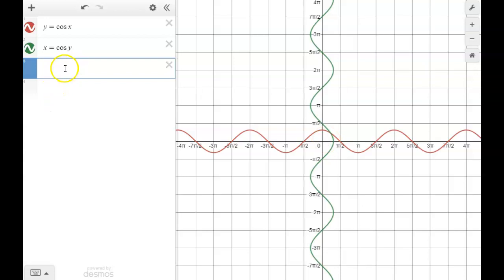So it is not a function the way the parent graph of cosine is a function, because that passes the vertical line test. Okay, if we were to amputate this graph at the points where it would pass the vertical line test, that would be at the extrema.